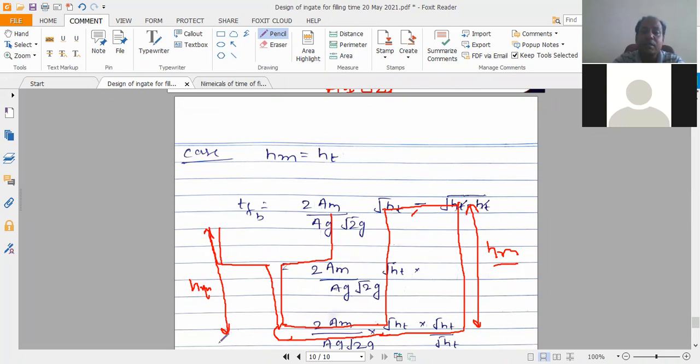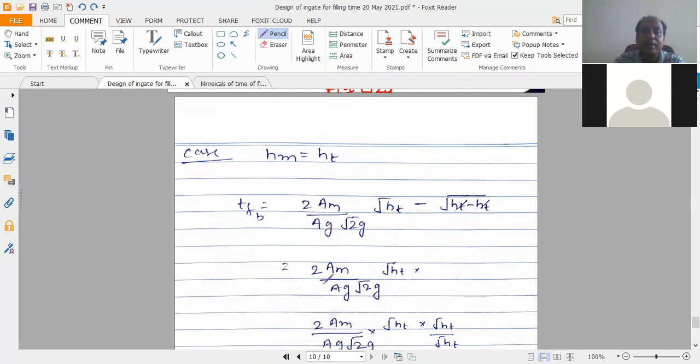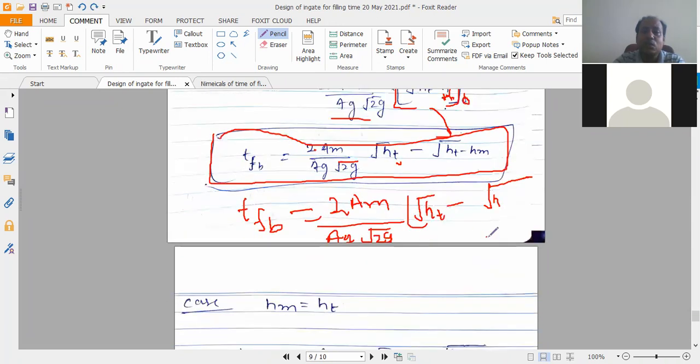Then what will be the time to fill the mold cavity? So we have made one special case: if ht equals hm, the height of the mold is equal to the total height of the gating system, we can put it in this equation; this one is ht minus hm.